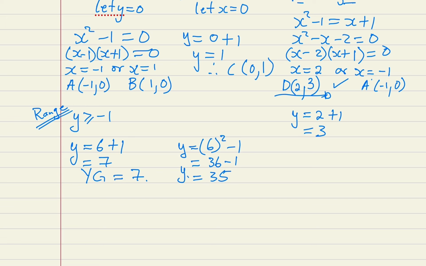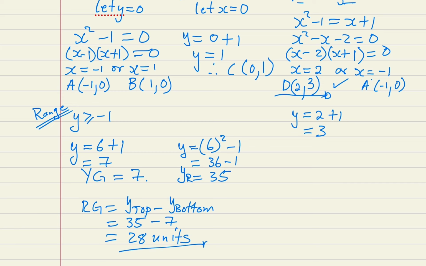That is y of R. Therefore, RG is given by y top minus y bottom, which is equal to 35 minus 7. So now you can check on your calculator what is 35 minus 7. Okay, it will give you 28 units. So that is the length they are looking for.